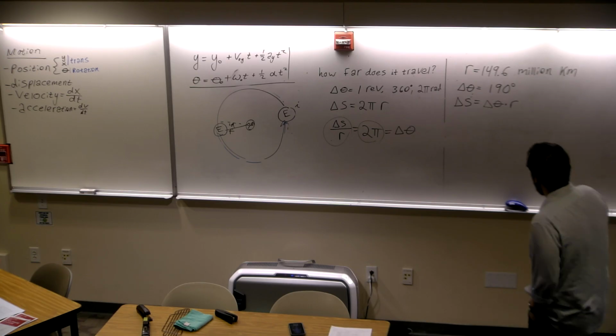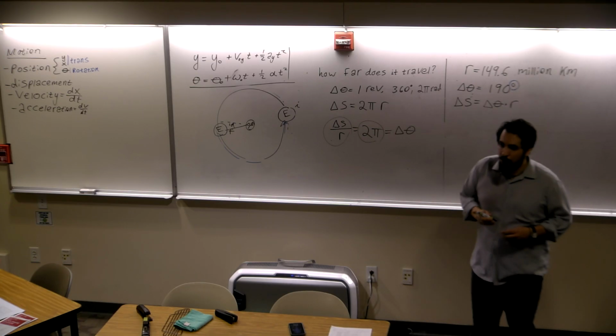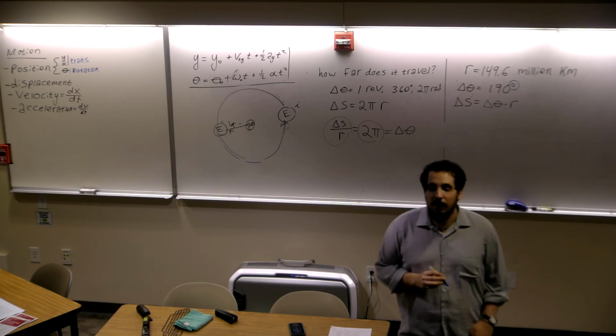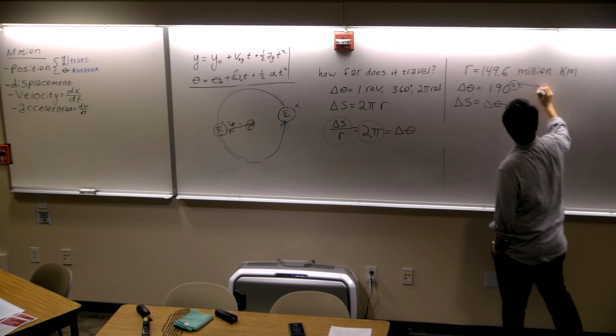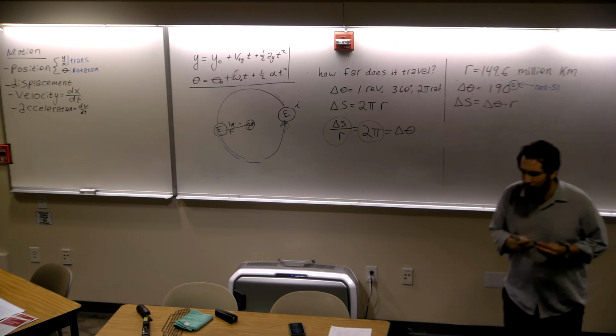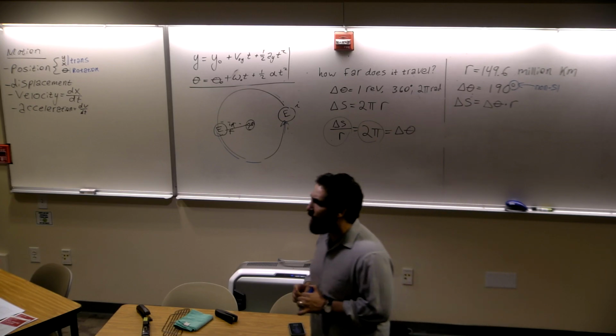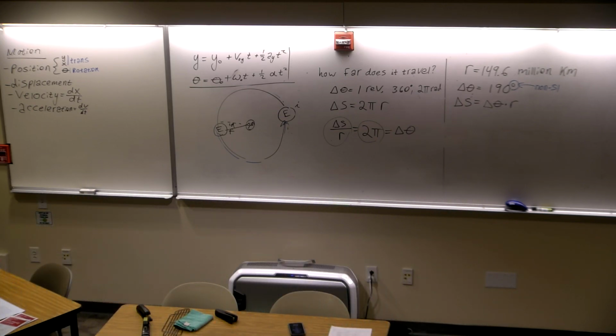But there's an issue here, and there's an issue in our units. The degree is a non-SI unit. We need to do a unit conversion. In fact, a degree is a kind of arbitrarily made unit. One day someone just decided a circle is going to be 360 degrees.